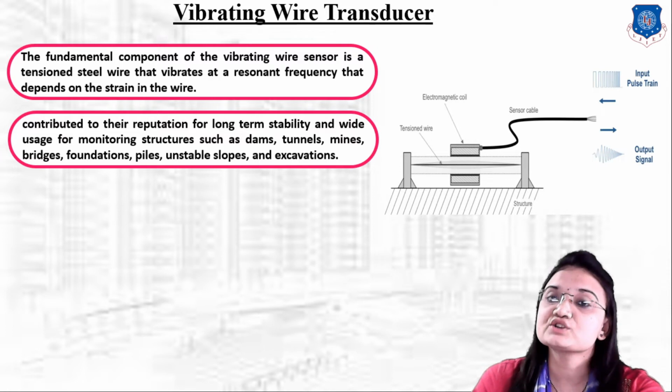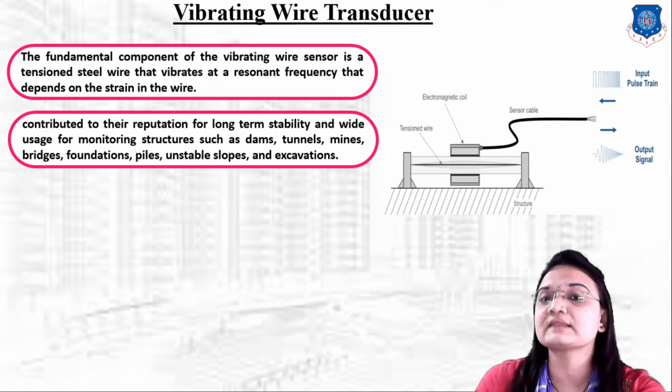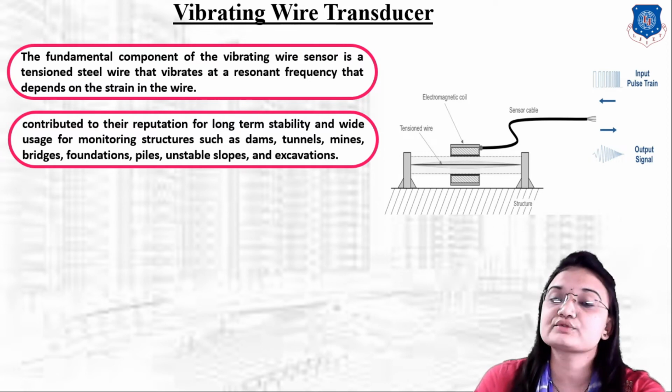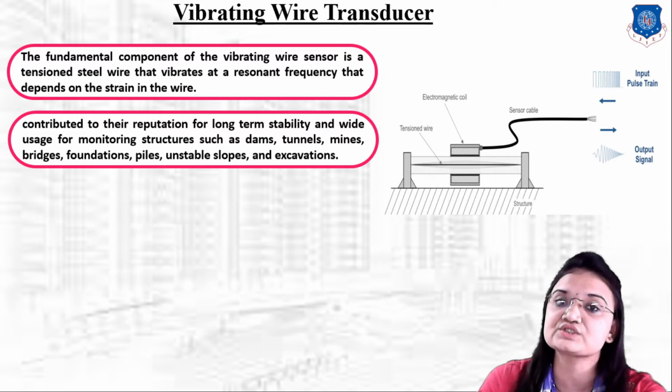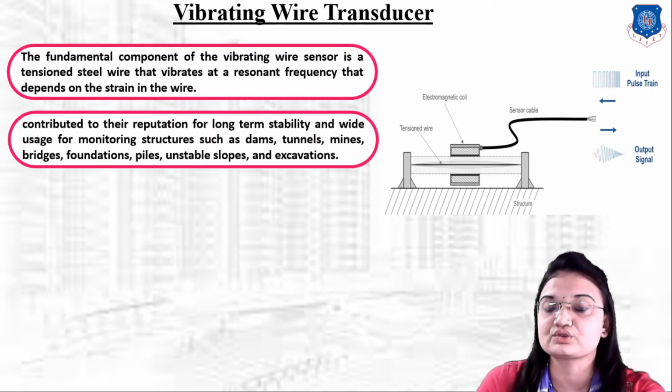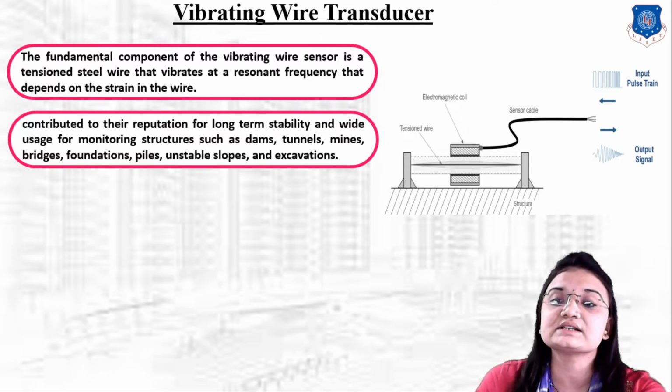So there is no effect of noise or environmental changes on the output in the form of a frequency signal. So we can use this type of transducer in civil engineering to monitor structures like dams, tunnels, mines, bridges, foundations, piles, unstable slopes and excavations. Let us understand the design and function of the vibrating wire transducer.